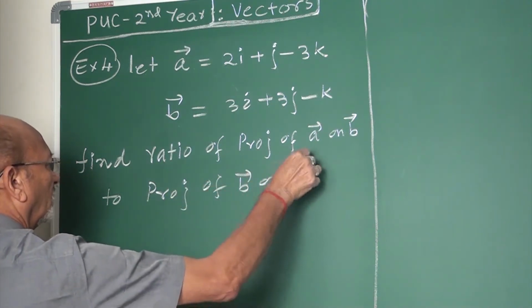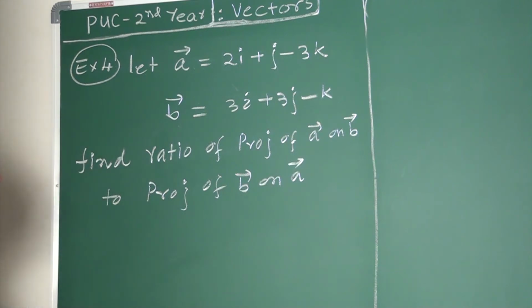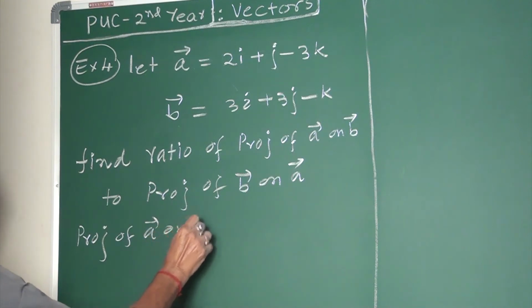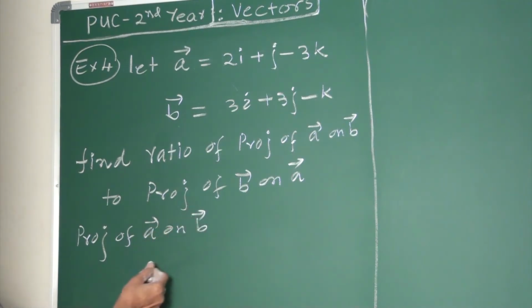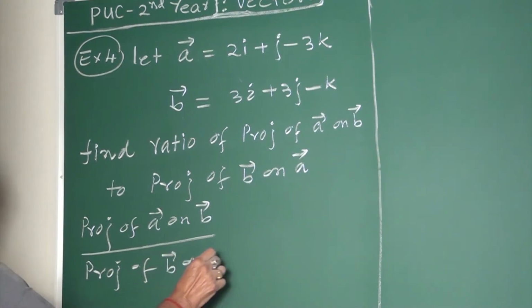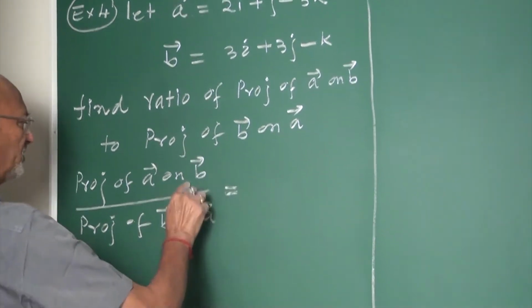Yes, my friends. What you wanted? You wanted the ratio of the projection of A on B to the projection of B on A. Now what is this, my friend?